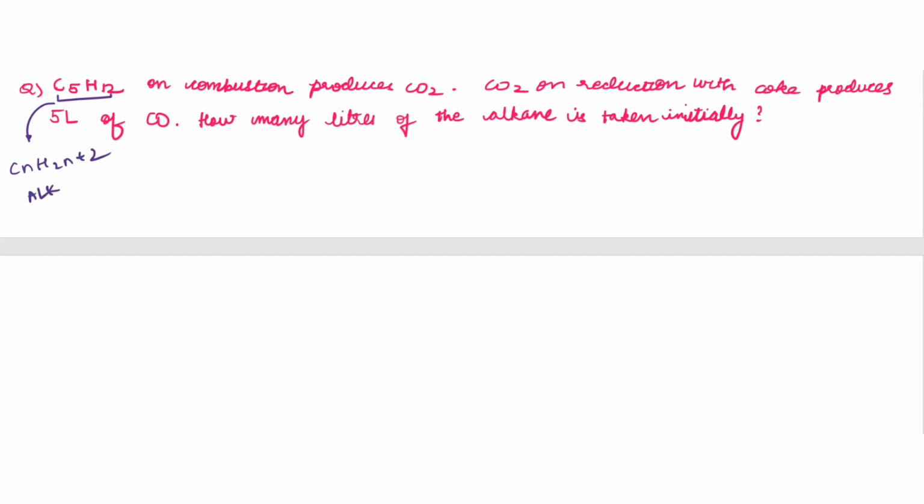C5H12, as I told you, resembles the formula CnH2n+2, the general formula of an alkane, which is pentane. This is undergoing the process of combustion. Any alkane, or any hydrocarbon for that matter, combined with oxygen gives us carbon dioxide and water as the fixed products.